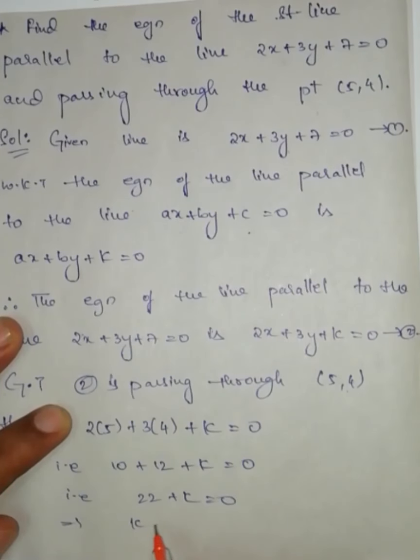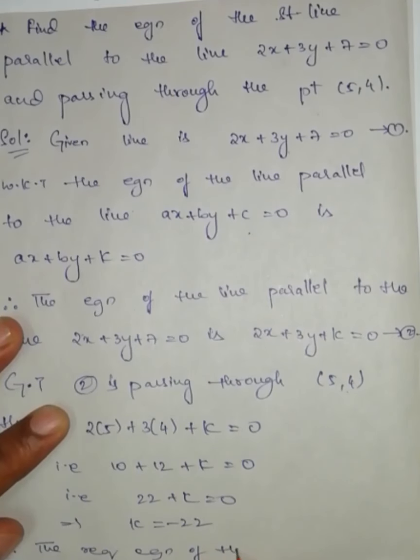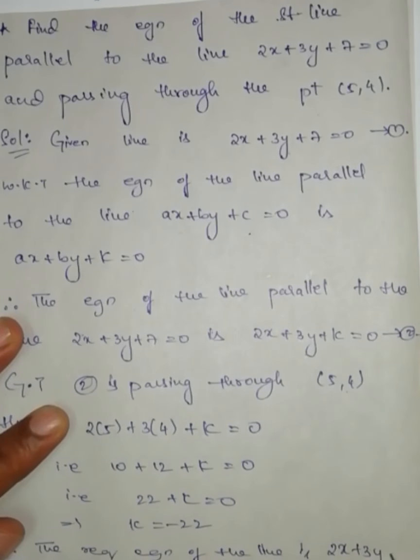This implies k = -22. Therefore, substituting in equation number 2, the required equation of the line is 2x + 3y - 22 = 0. This is the required equation of the line.